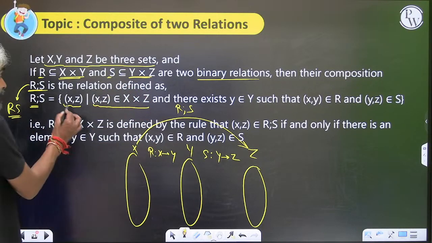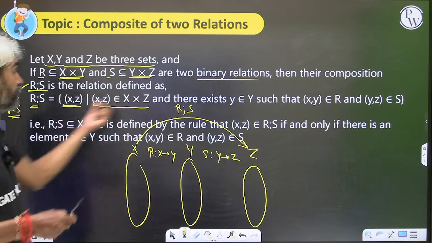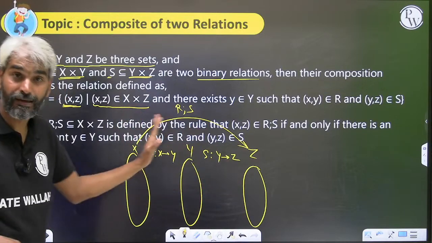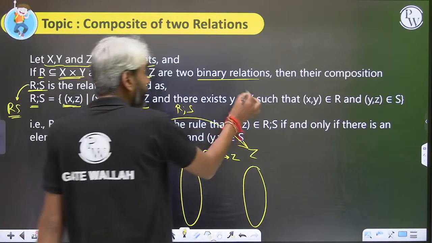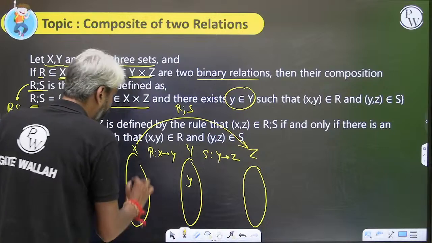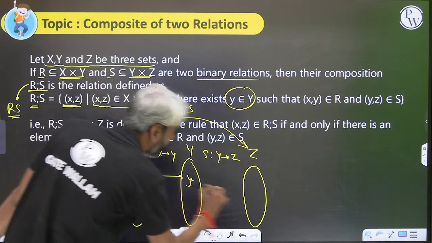And when exactly will (x, z) be present in the composite relation? If there exists an element y, a common element y, such that x relates with y and y relates with z.